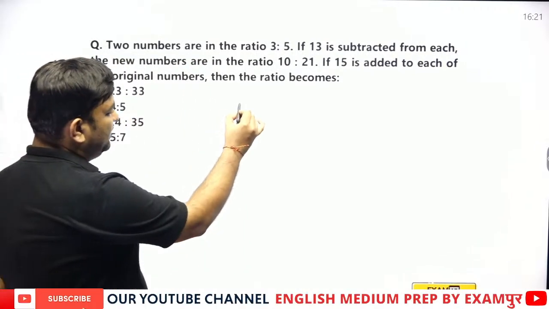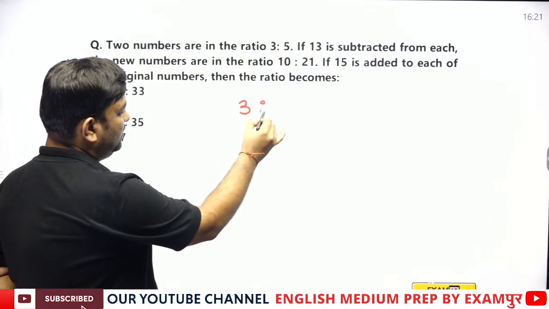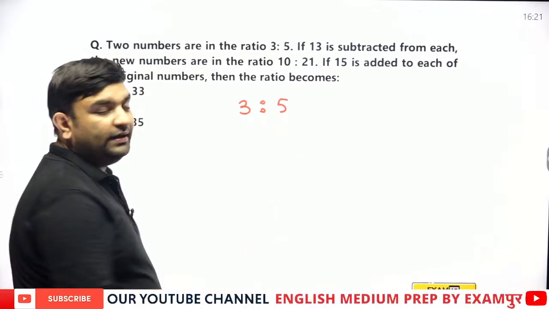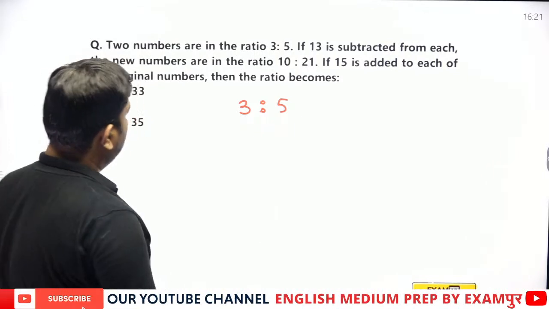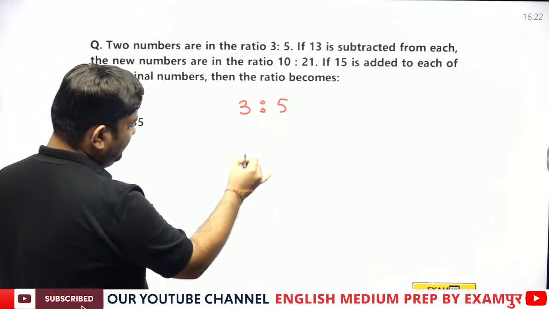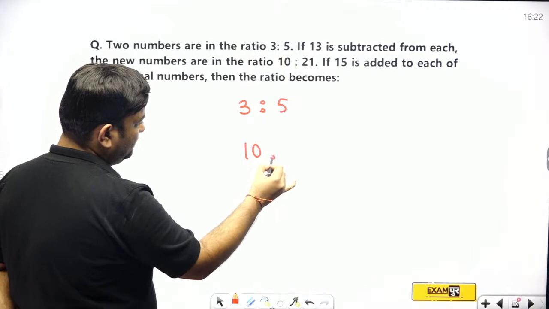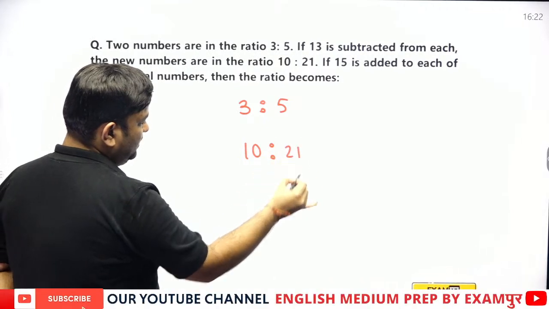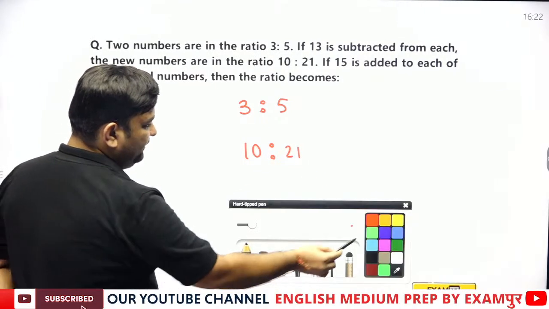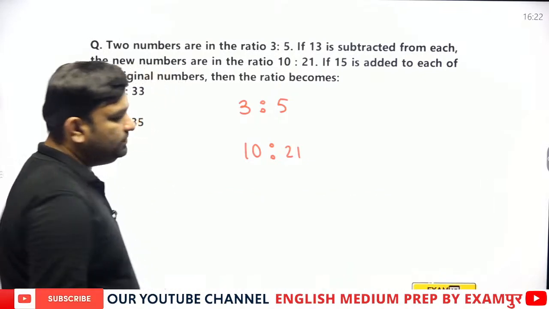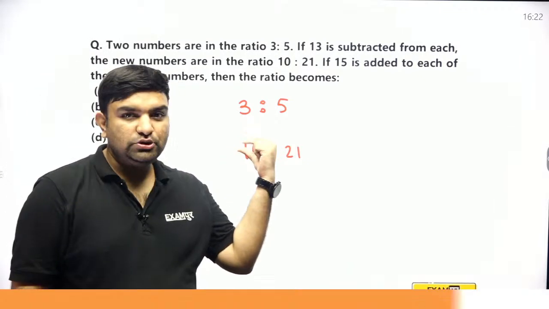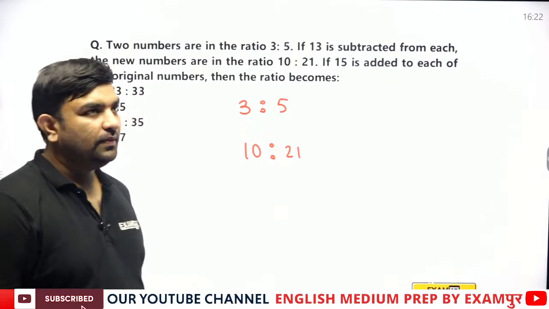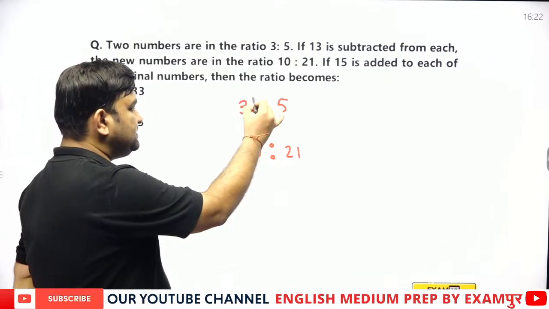Two numbers are in the ratio 3:5. If 13 is subtracted from each, they will become in the ratio 10:21. Since you have subtracted the same value, we can say this difference should be the same.